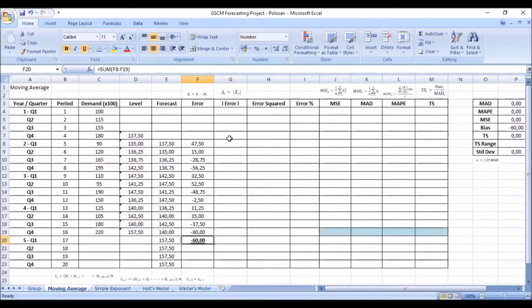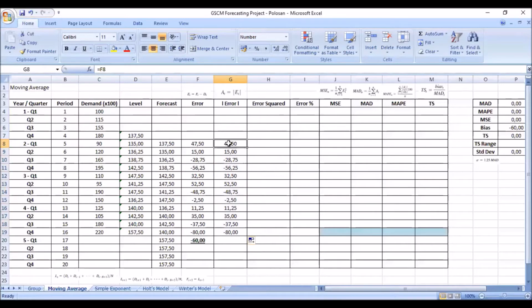And after we have found the error and the total error, we can now find the absolute error, which is the error but without any negativity, so if the error is negative, it gets turned into a positive error. In this one, we just need to use the formula equals ABS, which is absolute, and then highlight the previous one.